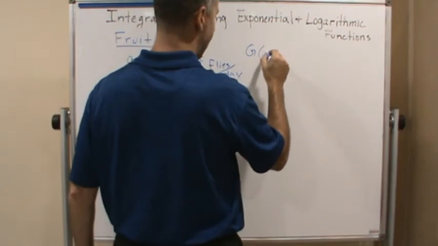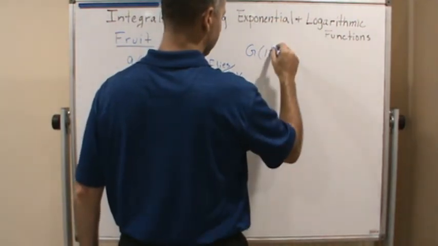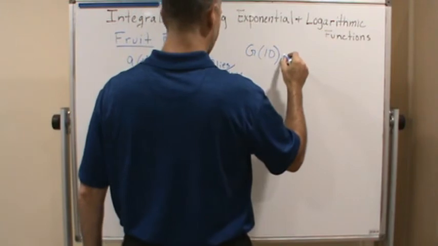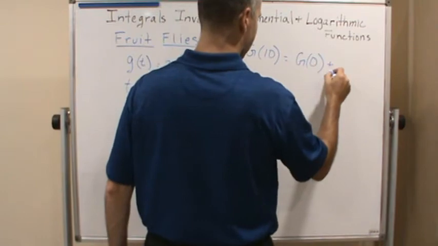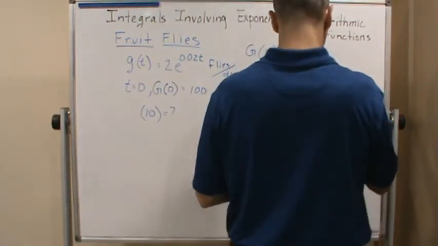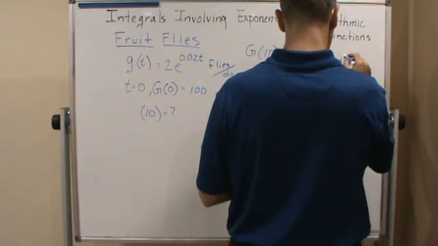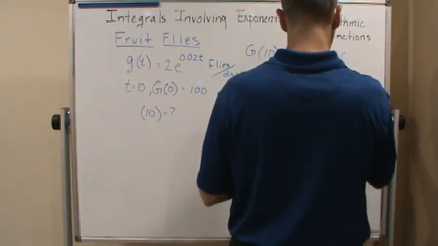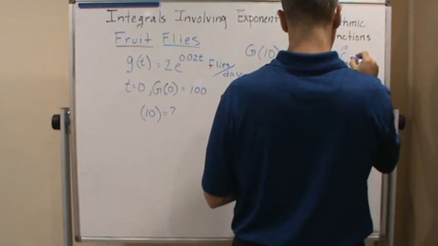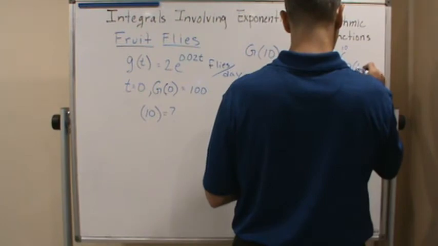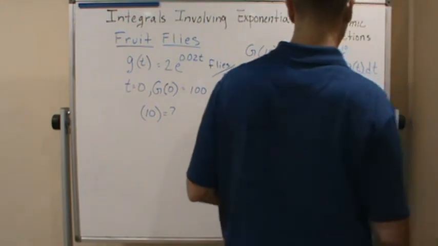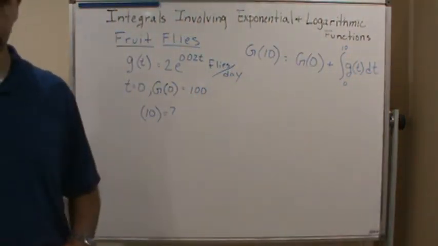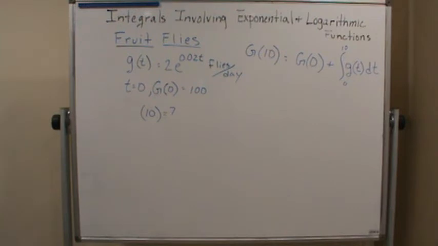G of 10 is equal to g of 0 plus the integral from 0 to 10 of g of t. Do you see anything wrong with doing it that way?